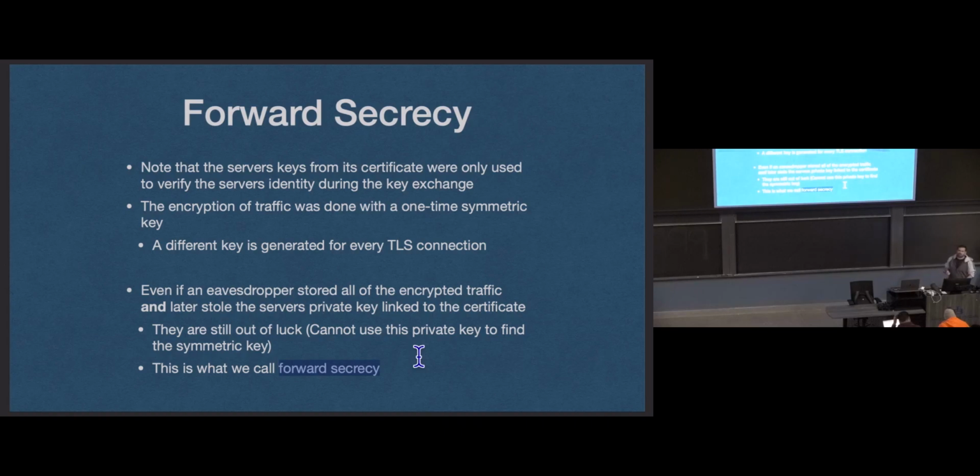And even then, they have to launch a man-in-the-middle attack, because when the server sends their portion of the symmetric key, they have to change that and then re-sign it with that private key to get their message sent. So not much that they can do, even with the private key associated with that certificate. We really took away a lot of their power with the way things are set up.